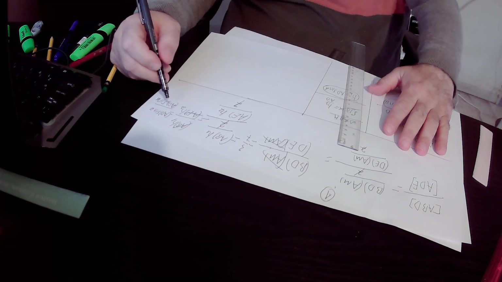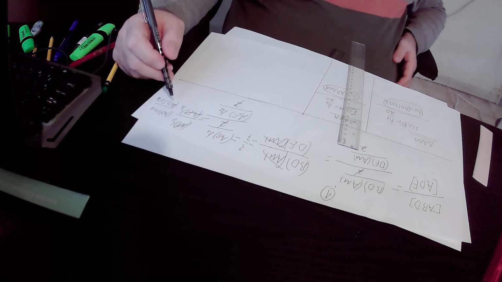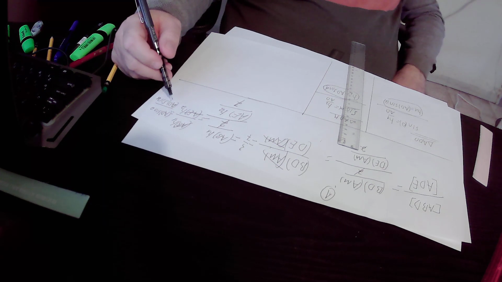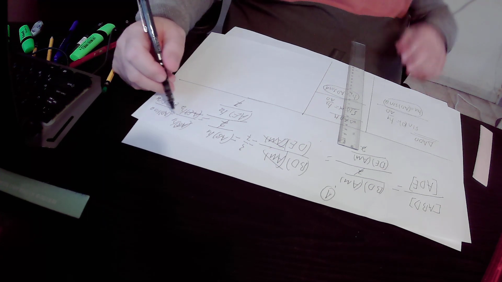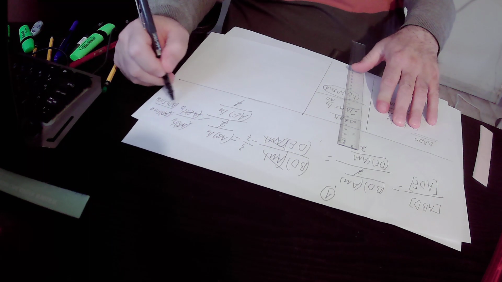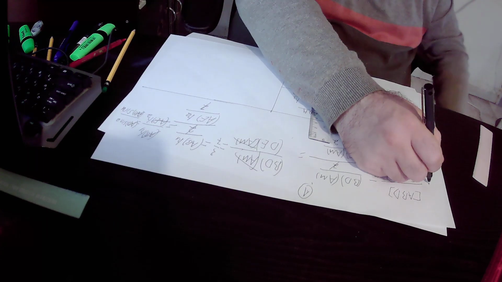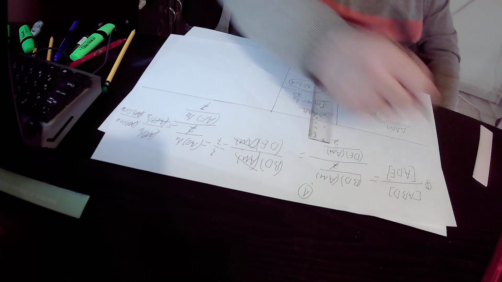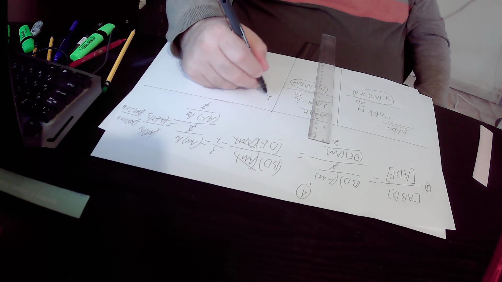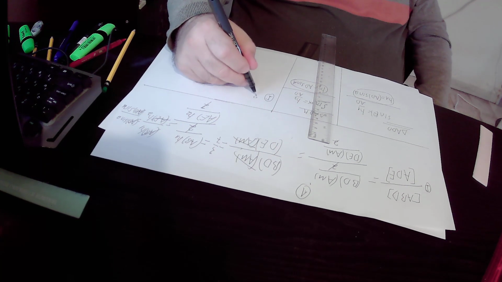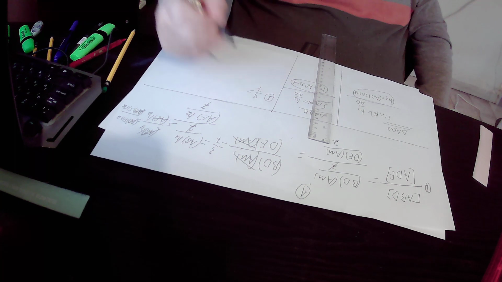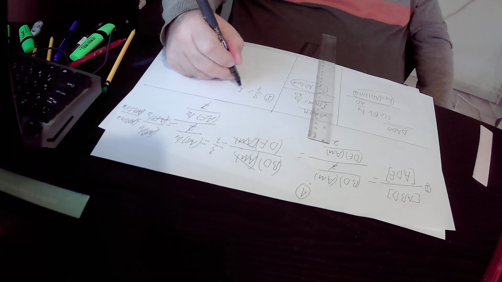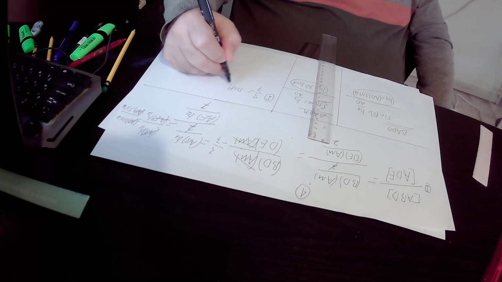Here we have AD in the numerator and AD in the denominator, so AD will get cancelled. And here, according to equation number 1, in conclusion, we got that 3 over 7 is equal to sine theta over sine alpha.